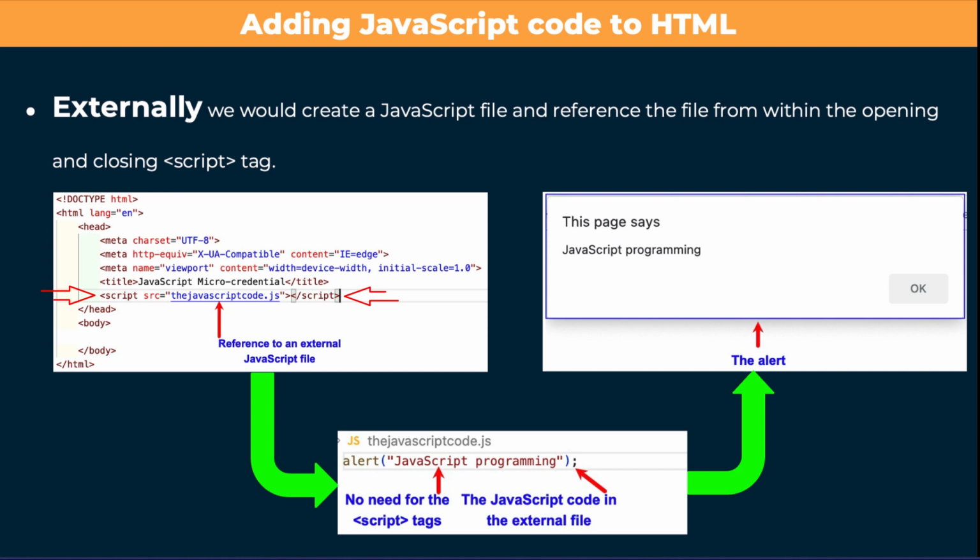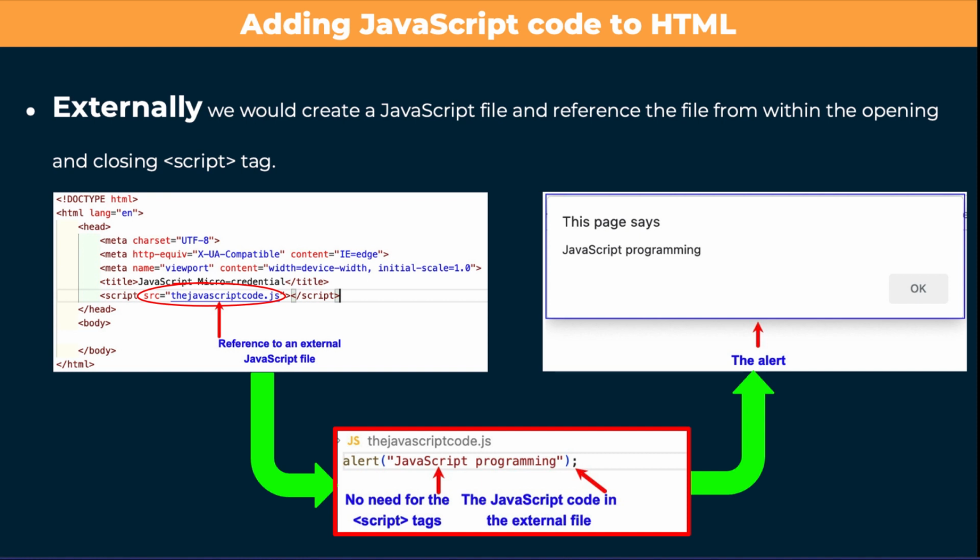So we can see that on the left hand side in the HTML we have a script tag again and an end script tag, but this time the script tag doesn't contain the JavaScript code, it contains a link to the JavaScript code. So we have src equals the JavaScript code.js, which would be the name of the JavaScript file.